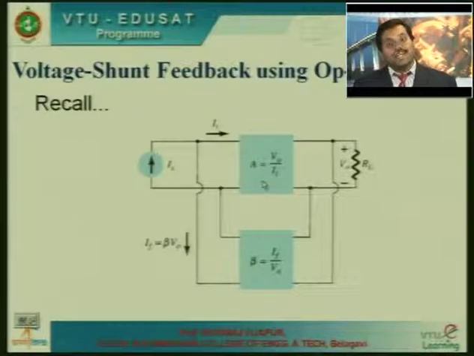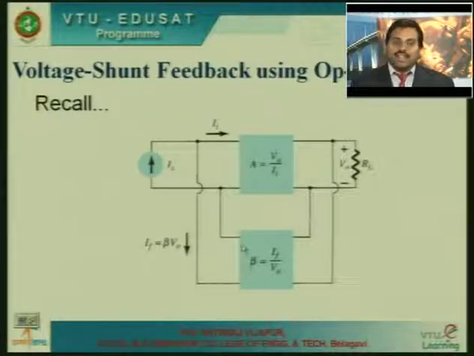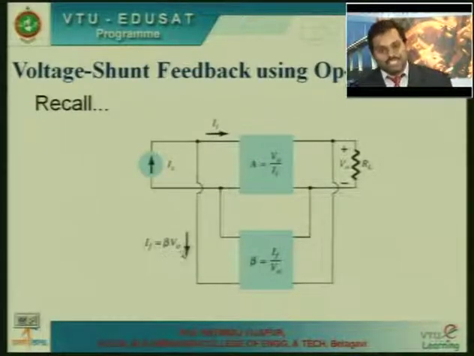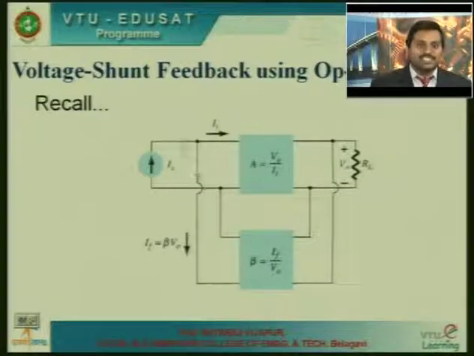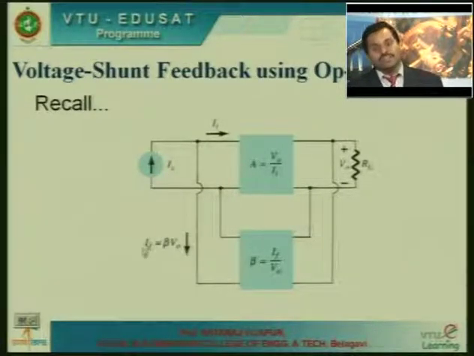So you will get A equals V naught divided by II, which is observed at the output. This output voltage is fed back to the feedback network. The feedback network generates a feedback current in proportion to the output voltage. This is mixed in parallel. So what is II here? II is the difference of IS and IF: II equals IS minus IF.